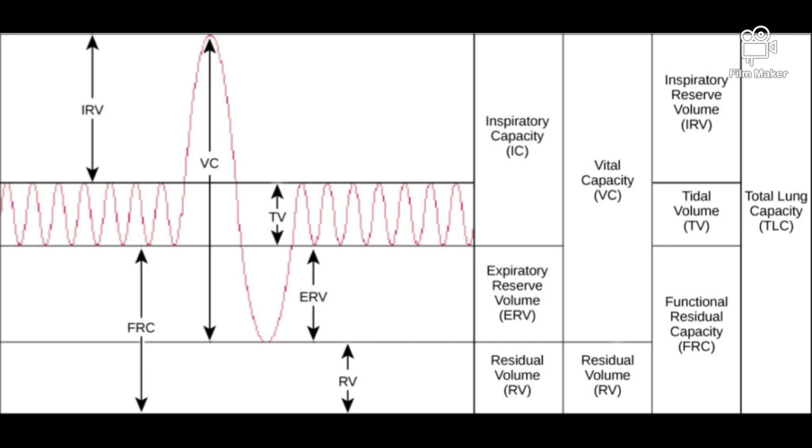It is also called the hardest expiratory effort a lung can make, and the normal value for this volume is 1000 ml.